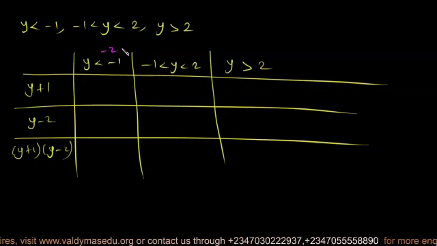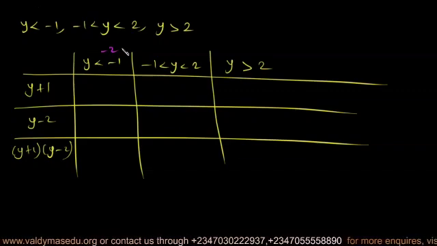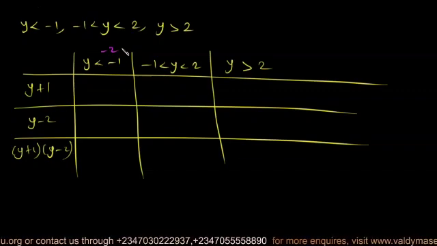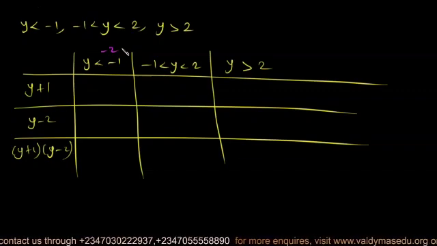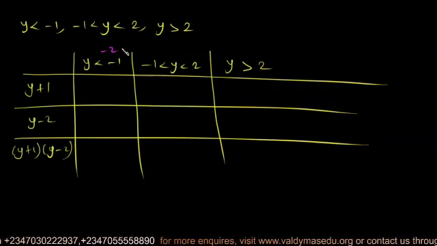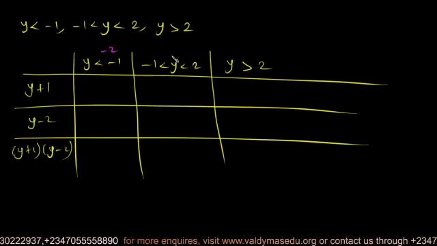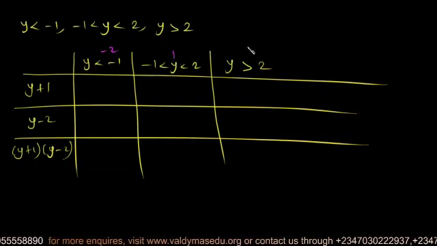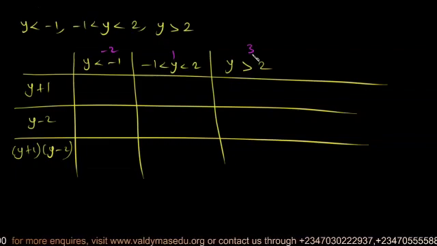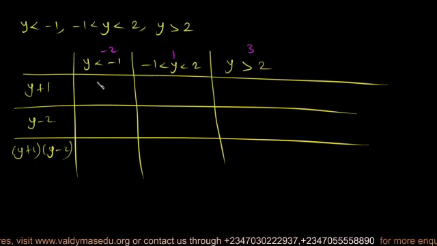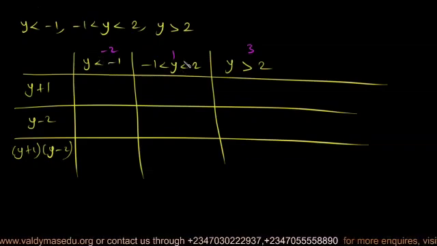So write minus 2. Then we have minus 1 less than y less than 2, meaning y is greater than minus 1 but less than 2. A number greater than minus 1 but less than 2 is 1. The next one, y greater than 2, that's 3. So it means our new values for y are minus 2, 1, and 3.